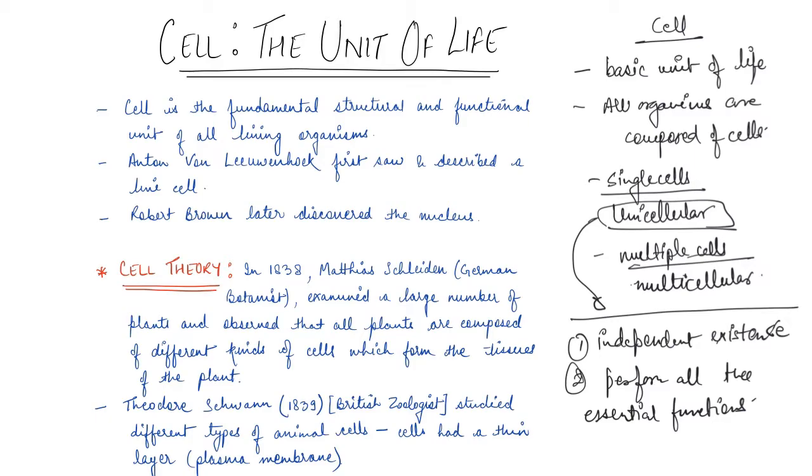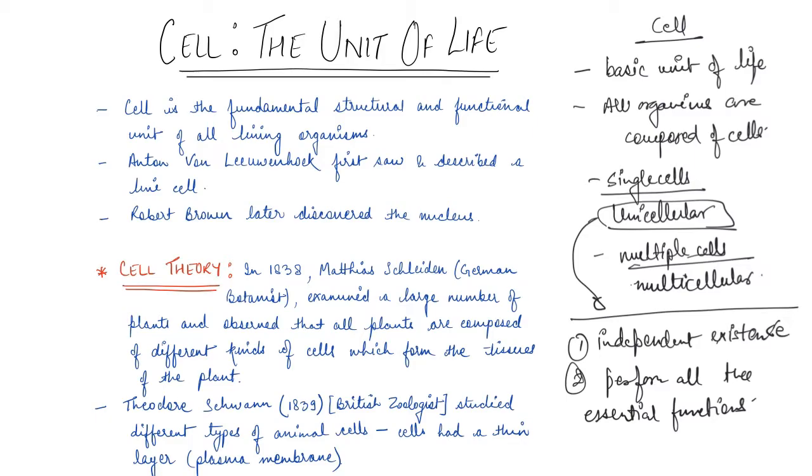Then the invention of the microscope happened, and the electron microscope led to revealing all the structural details of the cells and all the organelles found in a cell, right? So now let's move towards the cell theory.